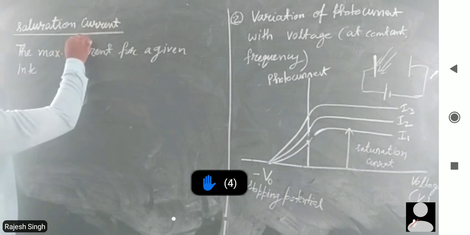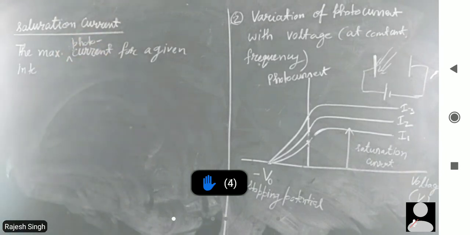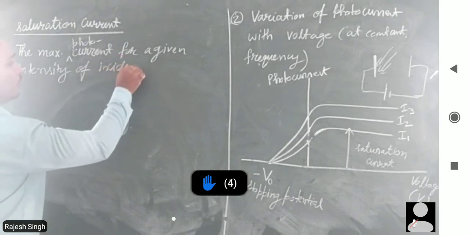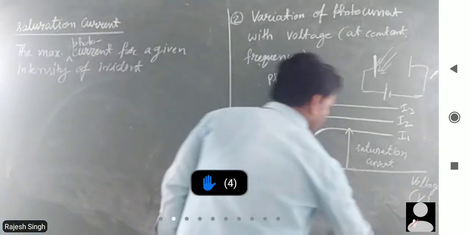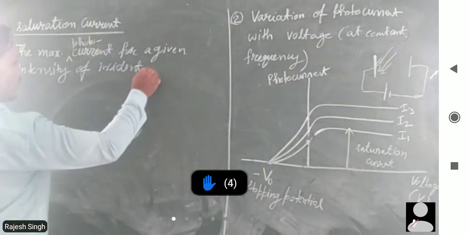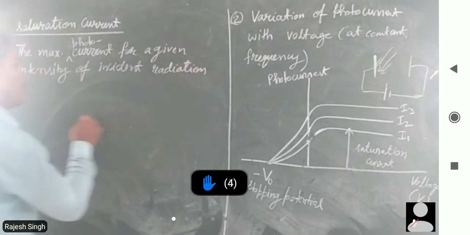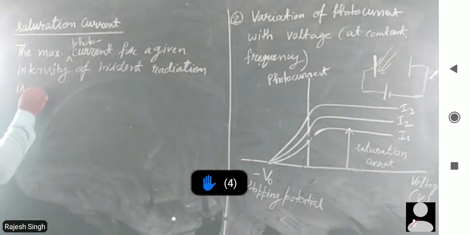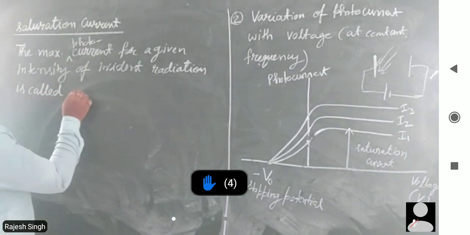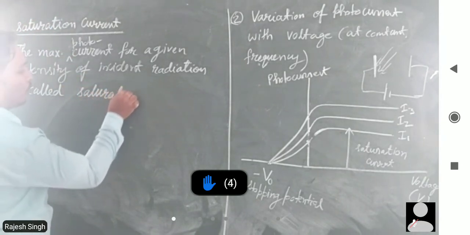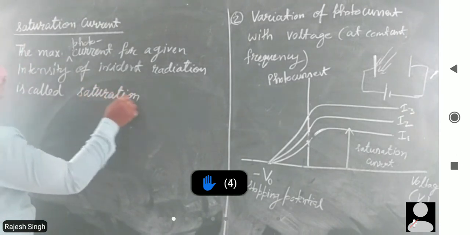Maximum photocurrent for a given intensity of incident radiation is called saturation current.